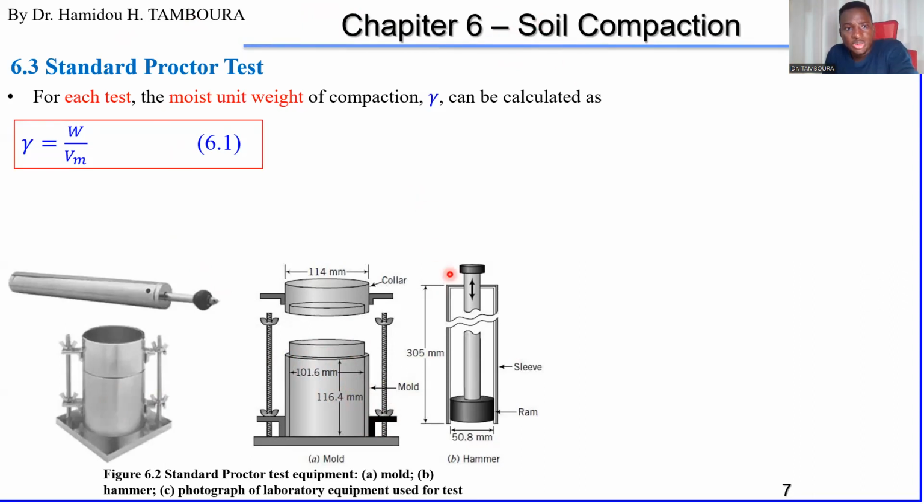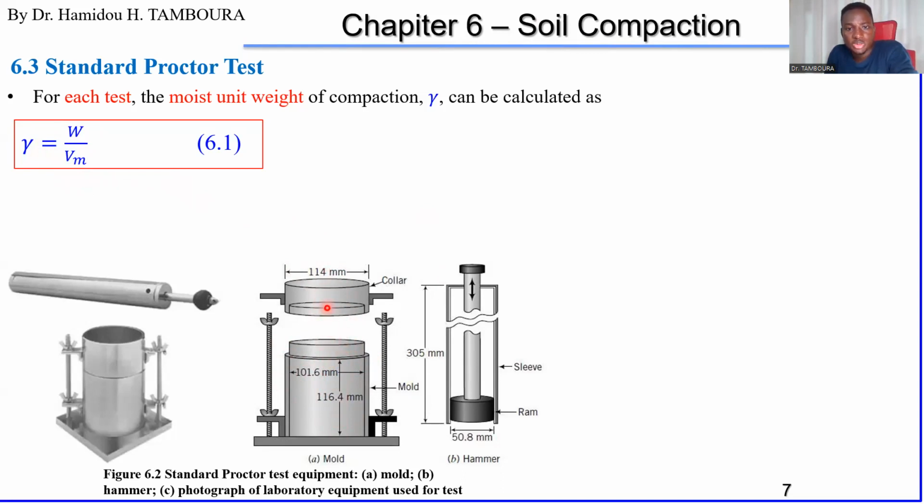Okay, let's continue. So the volume is already given, as I said, 944 cubic centimeter, or you can calculate the volume here. Please don't include this part. Okay, the volume is this one and this one, because you will not need that part.